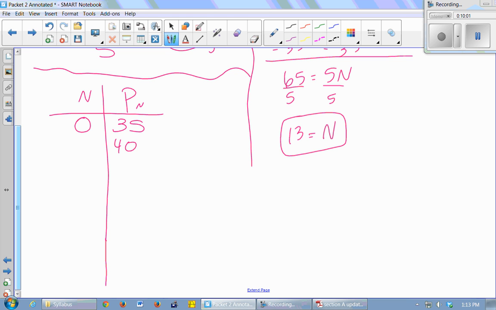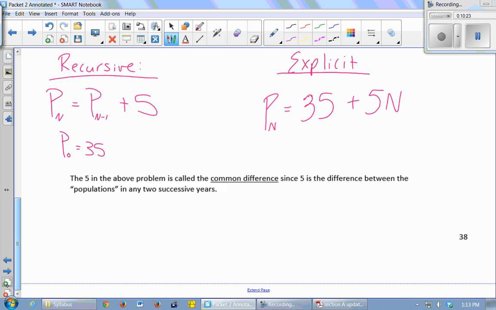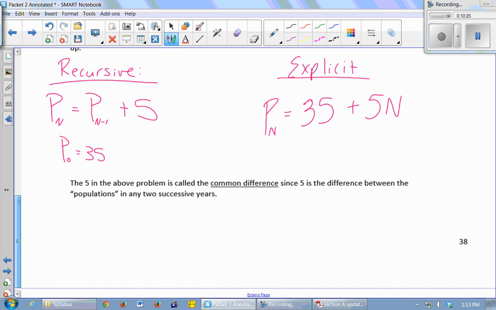So we'd have 40, 45, 50, 55, 60, and figure out what n value gives me the 100. 13. That make sense? Okay. All are valid approaches to answering that question.